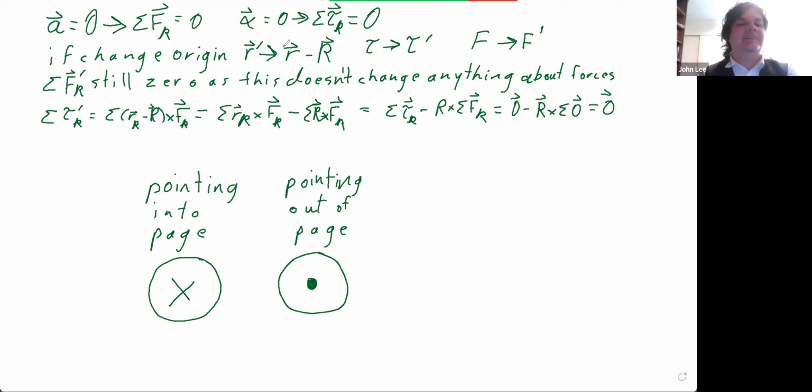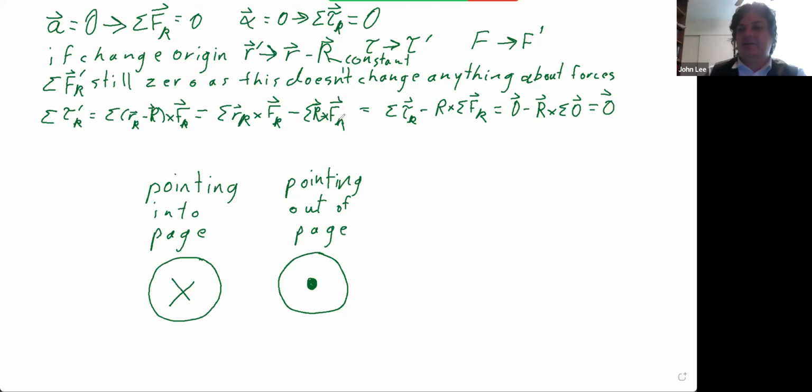But if that's the case, first of all, let's just say we change the origin from R prime to R minus some new vector R, where the big R is a constant vector. Then the sum of Fk is still going to be 0 because changing the origin doesn't change anything about your forces.